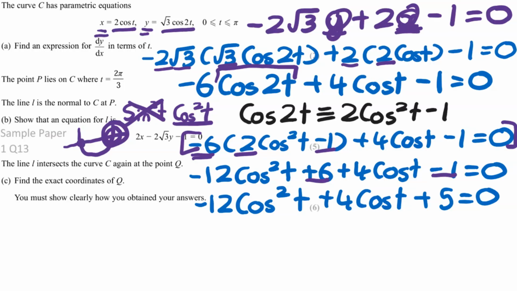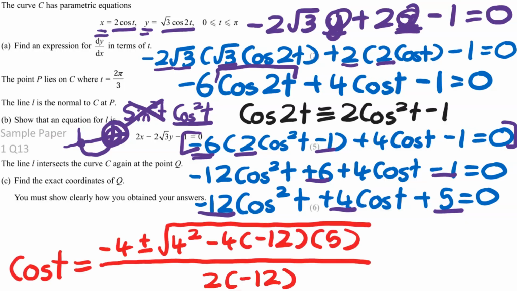And this is a quadratic. Now we know loads of ways to solve quadratics. I'm just going to use the quadratic formula, where this minus 12 is a, this here is b, and this here is c. The quadratic formula is minus b plus or minus the square root of b squared minus 4ac, all over 2a. If you plug in these a, b and c values, you get this here.